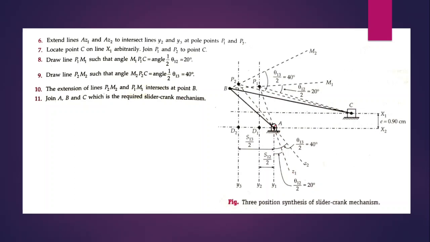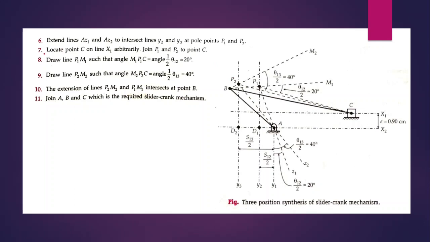Extend line AZ1 up to this vertical line y2 and find out this pole position P1. Similarly, extend AZ2 up to the vertical line y3, and the intersecting point of AZ2 and y3 is the second pole position P2. We can easily locate pole positions P1 and P2.